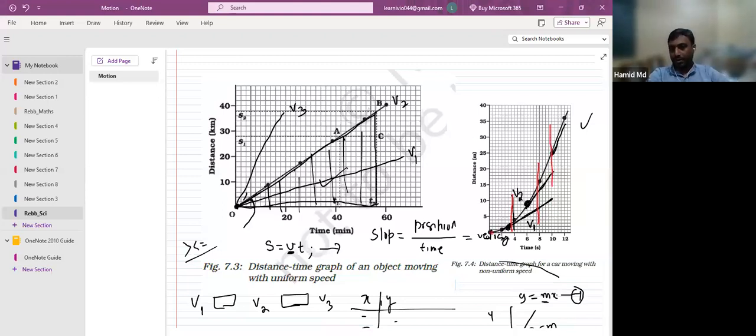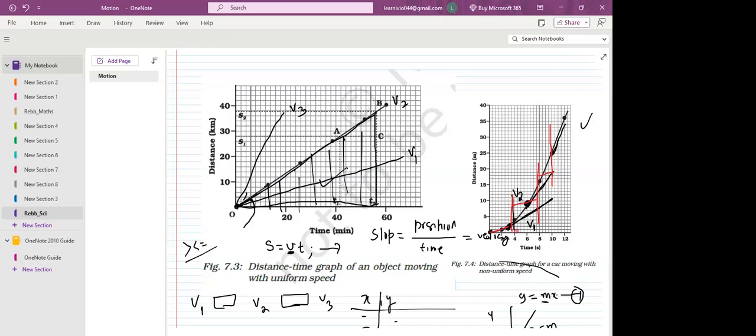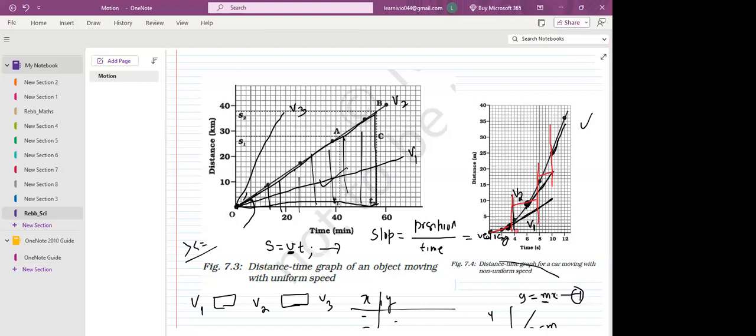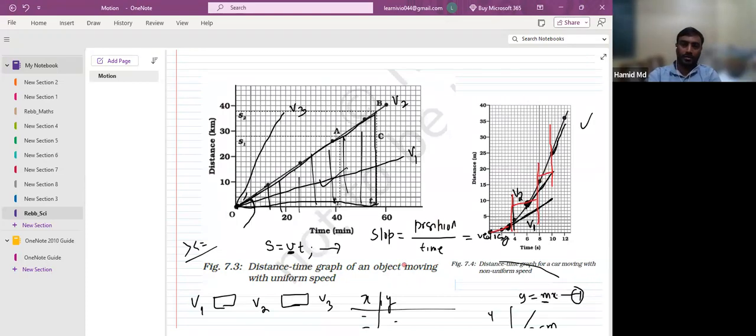So what is the velocity if we compare in this region or this region? In which region do you feel the velocity is higher? Velocity 3, the top one. Velocity 3 is the highest, right? So here is velocity 3 in the left hand side graph. Now you compare yourself with that graph and let me know.